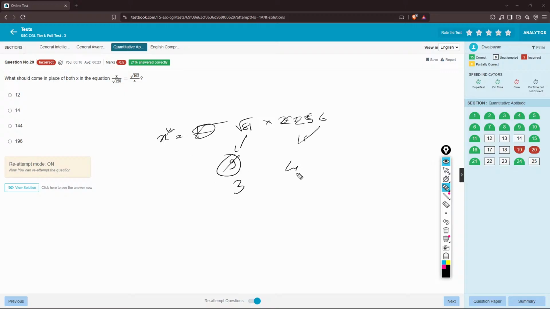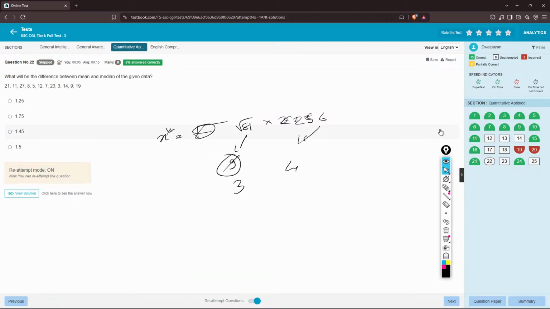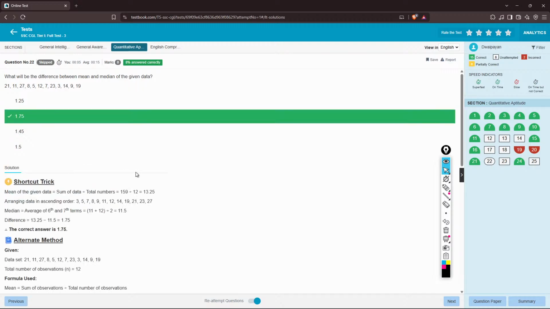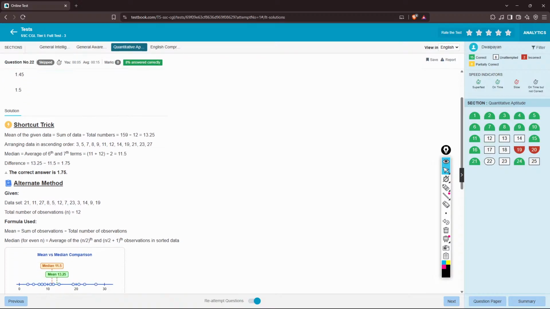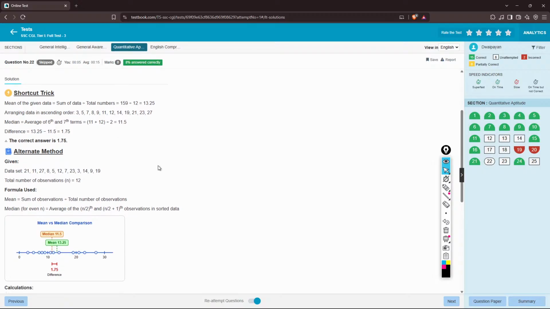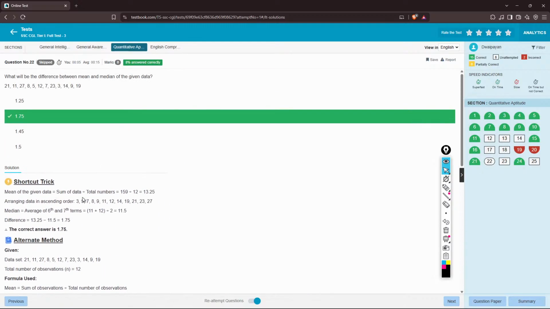So 3, 4, 12. So this is a short trick: sum all the data and divide. Then ascend the data, then calculate the median, then calculate the difference. Okay, nice shortcut.